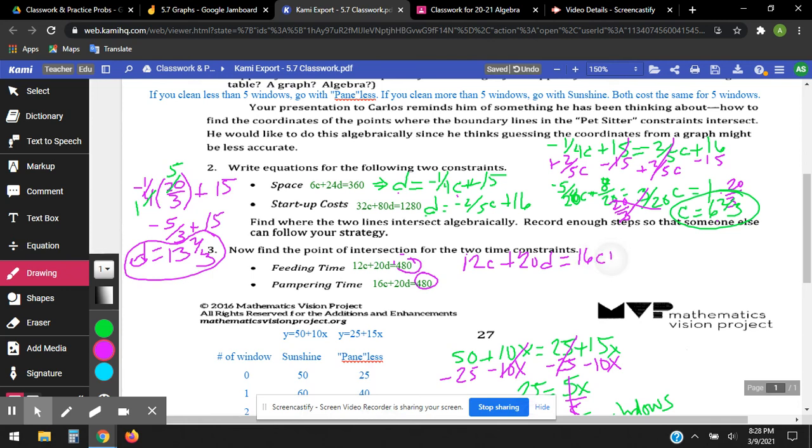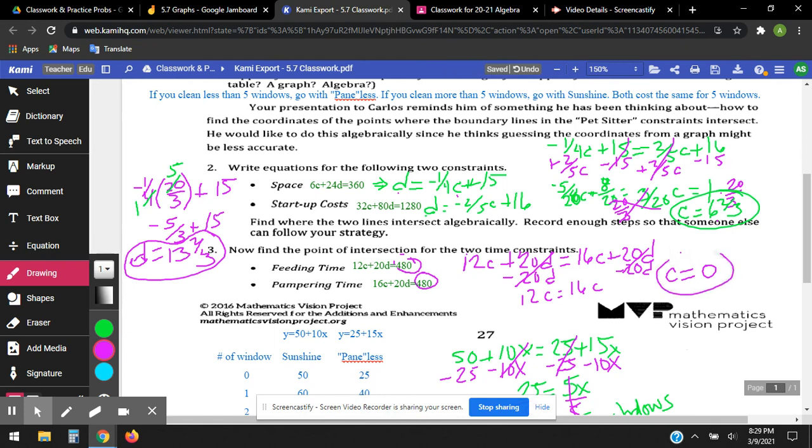I can subtract 20D from both sides, and those cancel. 12C equals 16C. The only way I can get 12 times a number to equal 16 times that same number is if C equals 0.